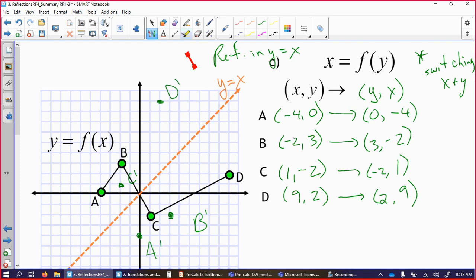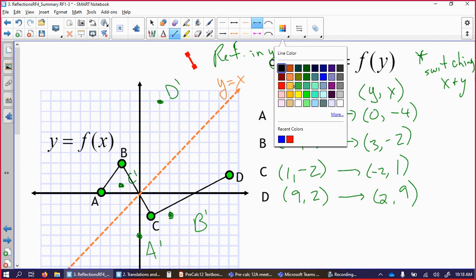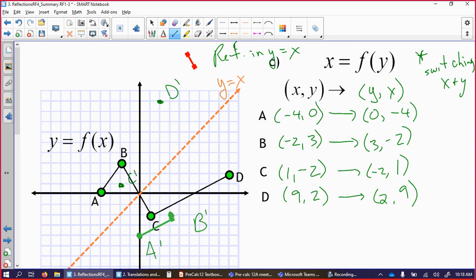So the general shape of the graph is all the same. Let's see if I can not mess this up. I think it's technically that green. A, B, C, D. And if I could group those, I actually could rotate them around. And it's similar to actually a rotation.